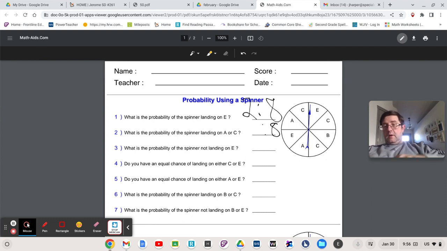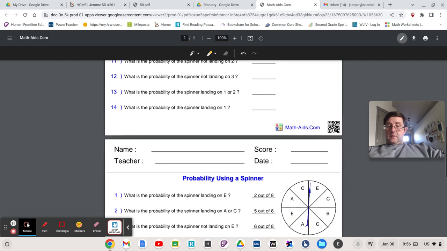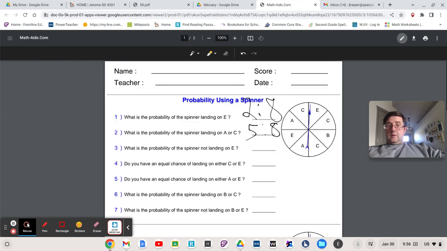So we go A. We go 1, 2, or C. So how many C's do we have? We have 3 C's. So that would be a 5 out of 8 chance. Okay, so yes, that looks like we did it correctly.